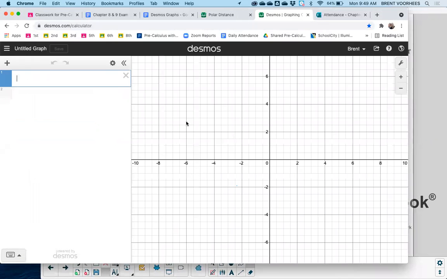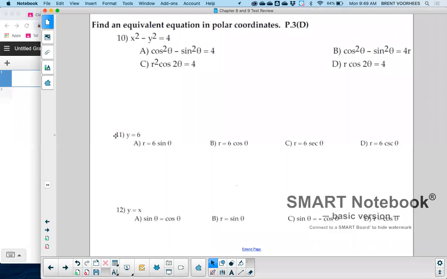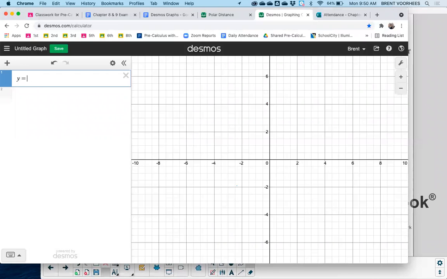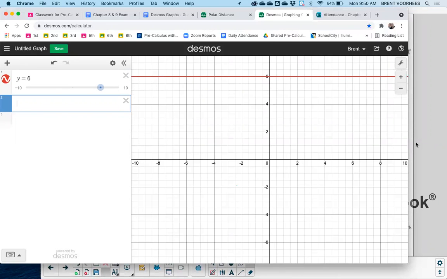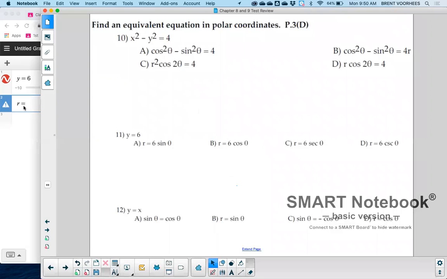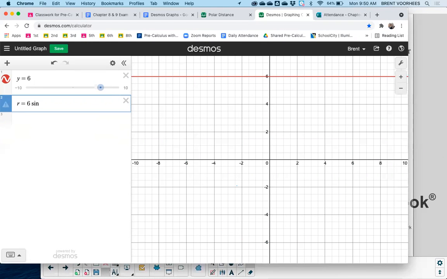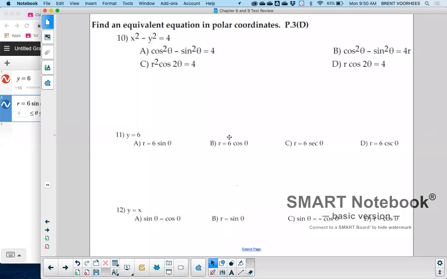So for graphing, it's just a blank graph here. Y equals 6. So I'm going to look for the matching graph here. This says R equals sine 6. I think I said that wrong. Dyslexic. 6 sine theta. There we go. See, that does not match, so A is wrong.